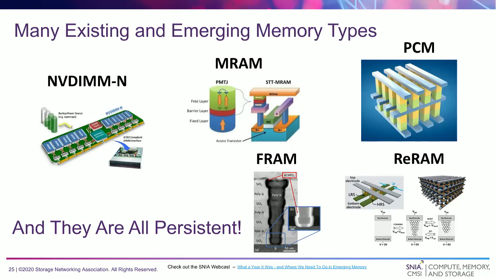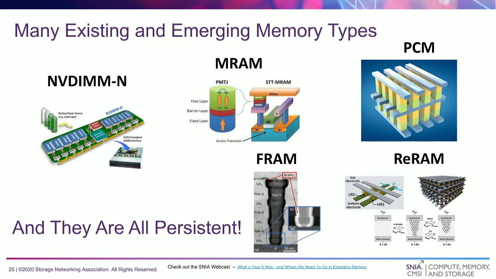Now, persistent memory can take a variety of different types. There are JEDEC standards such as NVDIMM-N, and that's effectively a DRAM DIMM backed by flash memory with a fairly complicated but elegant battery solution to be able to persist data during a power failure or some type of crash.